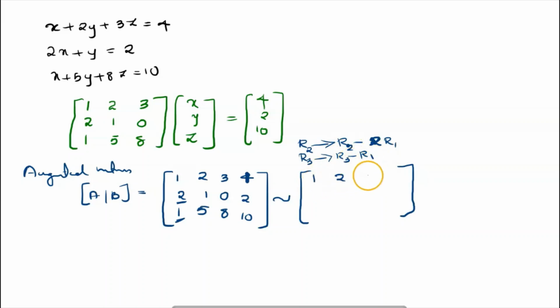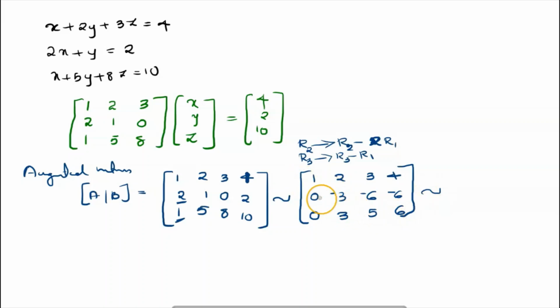So R1 has now changed 1, 2, 3, 4, and R2 is 0, 1 minus 2, 1 minus 4, minus 3, 0, minus 6, 2 minus 8, minus 6. Now R3 minus R1, 0, 3, 5, 6.